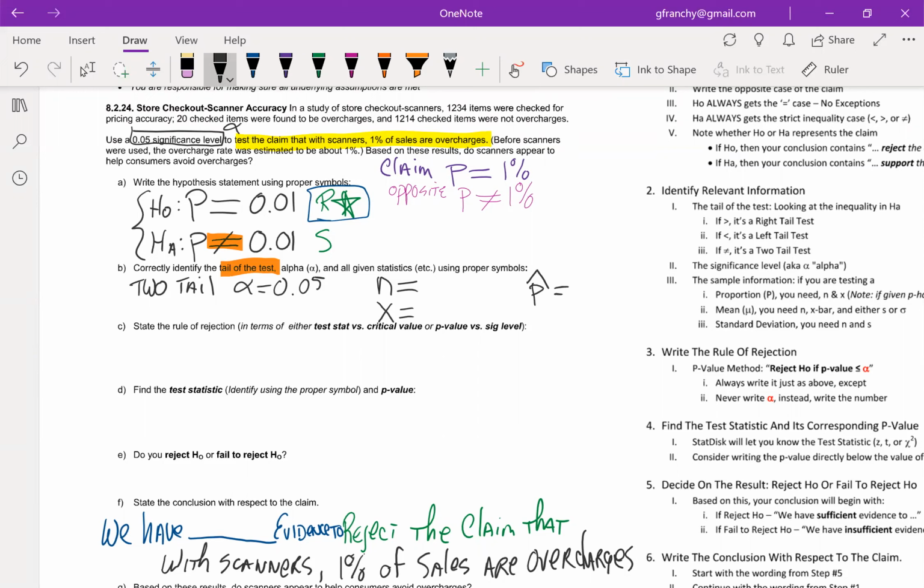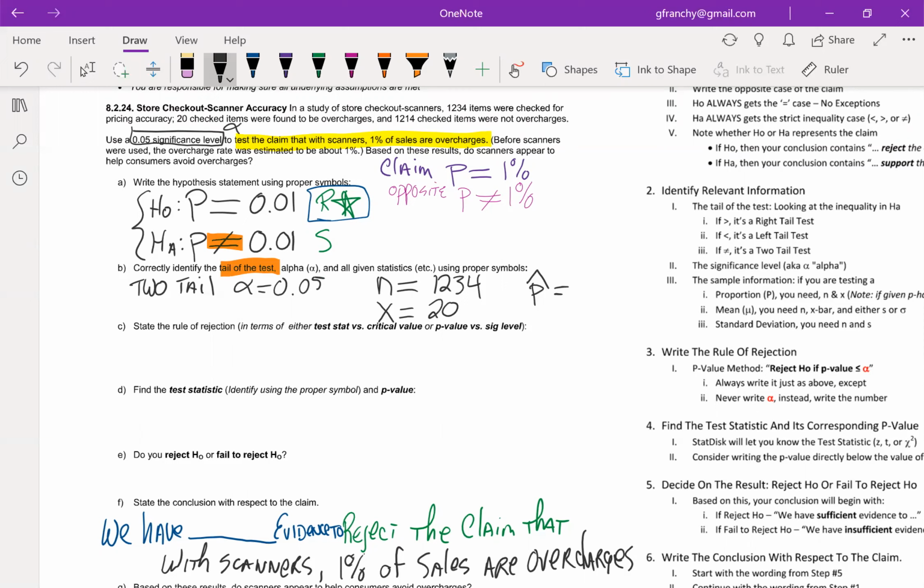So when we go back to the beginning of this, they told us 1,234 items were checked for accuracy. That is the sample size. And then the proportion that they're asking about was overcharges. So X is going to be the number of overcharges.